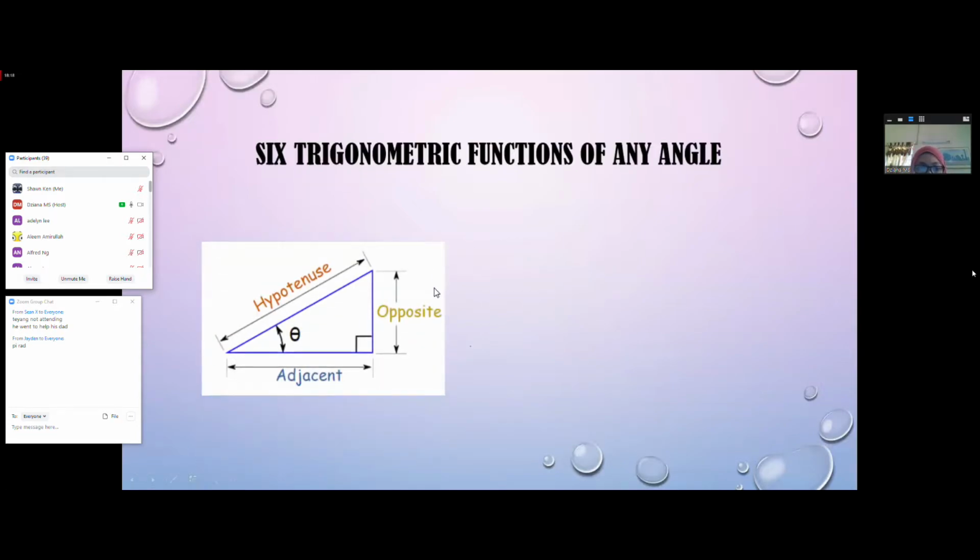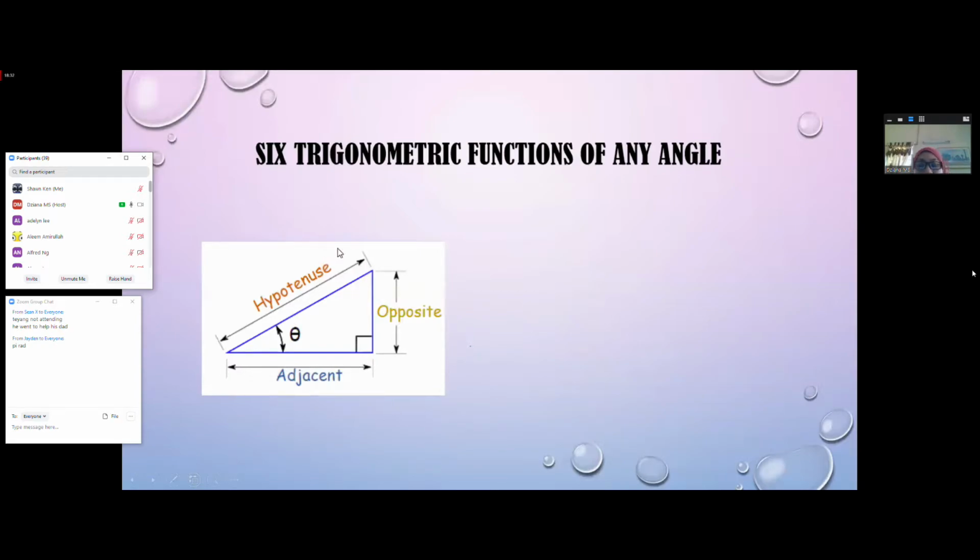Now, 6 trigonometric functions of any angle. You have learned 3 basic trigonometric functions, but for AddMath, you have to add 3 more. Let's say this is the right angle triangle, and this one is the angle theta. So this is the opposite, adjacent and hypotenuse. I'm sure you all still remember this.